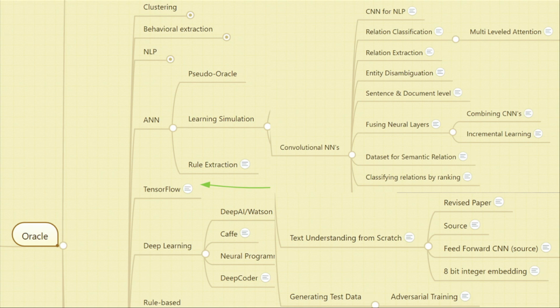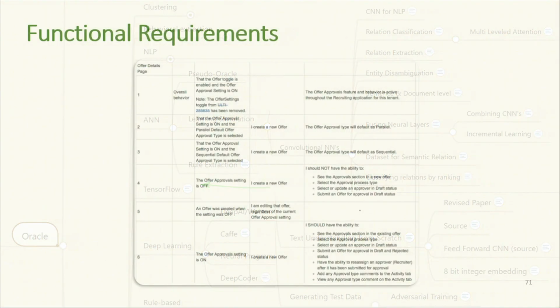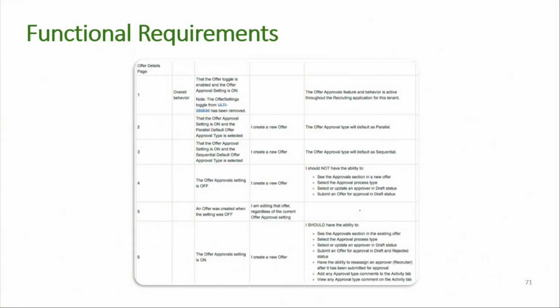When we started doing this research, we realized that solving the Oracle problem is not an easy feat. There's a lot of research out there, and we put together this huge mind map on all the different topics, and there's probably some stuff that we missed, to start drilling into this problem further. And we took it a little bit further than that. We said, okay, maybe we can try to parse the requirements. The requirements are written down in English.